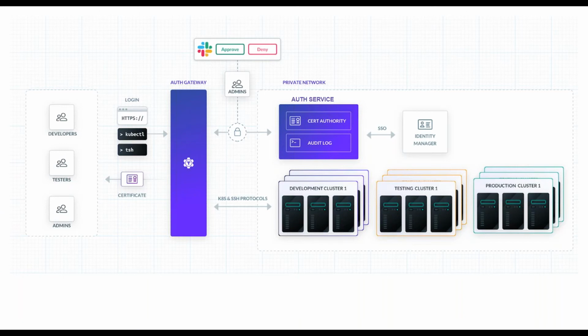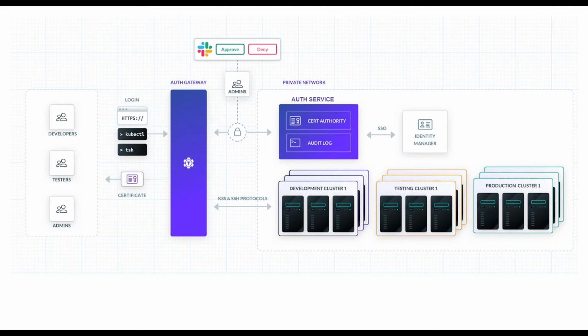Now, in terms of how the system is used, users and service users would interact through the web, kubectl for Kubernetes. We also offer our own command line for SSH, tsh. We also natively support SSH interactions, so you can still use your regular SSH and SCP.